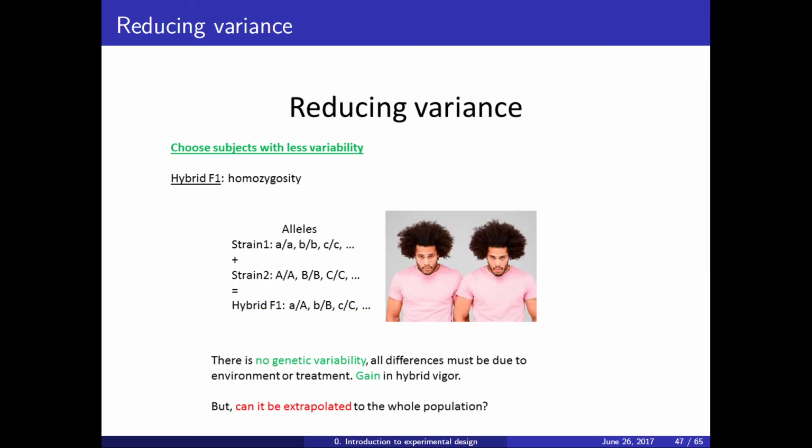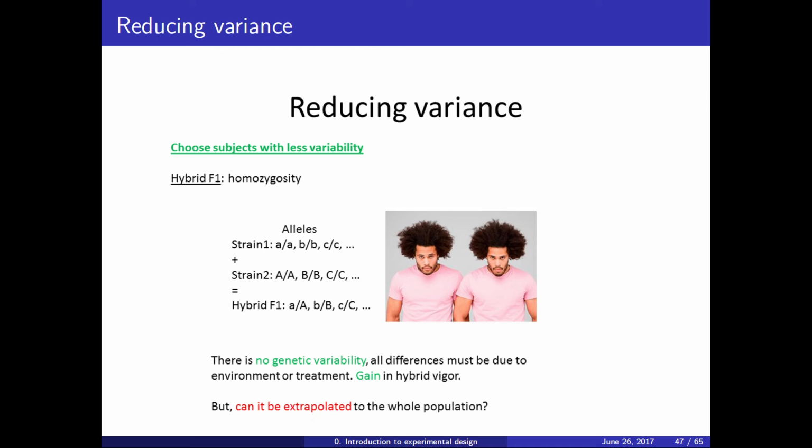So there is another version of this, that is hybrid F1 animals. Let's say that you have two inbred strains, strain 1 and strain 2, and you mate them, then the offspring will have two versions of the genes, two haplotypes for each one of the genes.